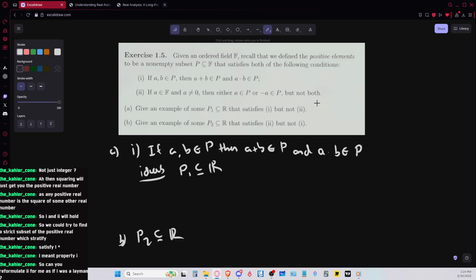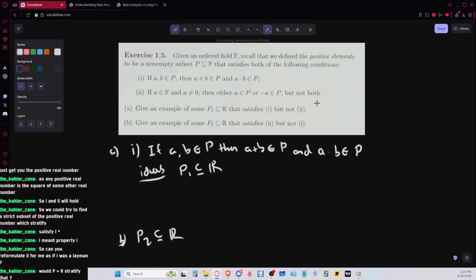Maybe I was misreading it to myself, because now that I read it out loud, it feels like I was missing something. Because it said but not both, and when would both of them be in there? But at the same time, we're working with a subset of the real numbers.